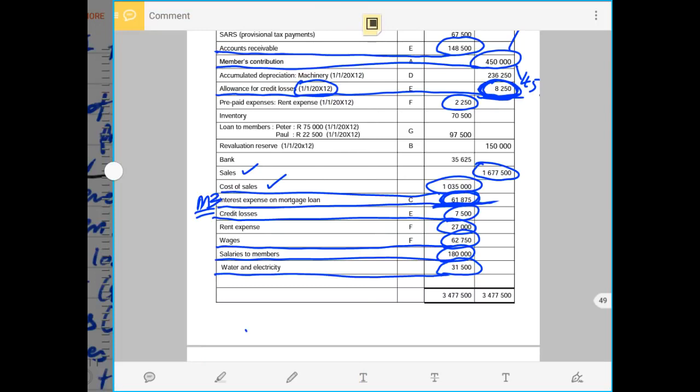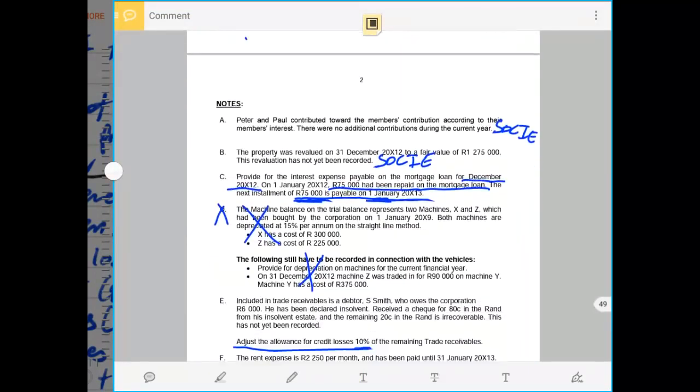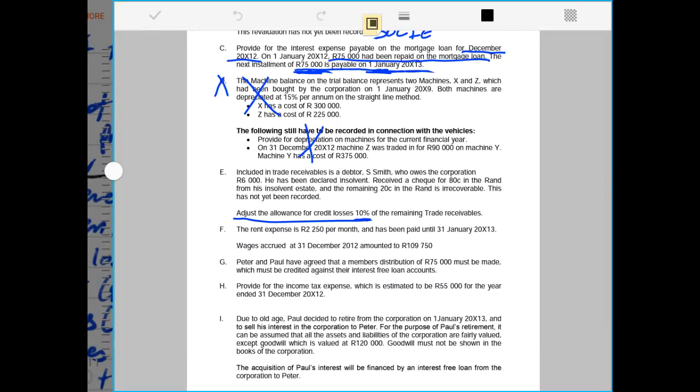Then we can go to the next adjustment, and in the next adjustment we have the rent expense, where they say that the rent expense is 2,250 per month and has been paid until 31st January 2013. Remember, the accounting period ends in December in the year 2012.